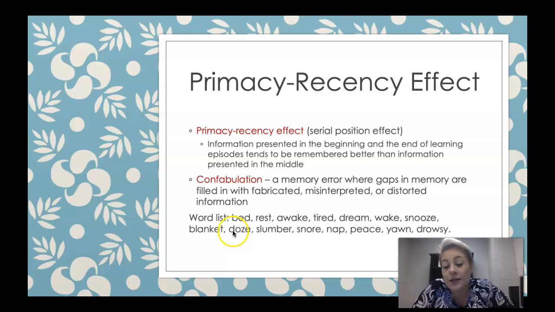But primacy recency effect is just serial position effect, where the learning instance occurs on a list is going to be how salient it is for remembering. For example, I tried to use this example or this theory when applying for this job. I knew that they were going to select a participant on Friday, and I thought, okay, I have to be either the first person or the last person to be interviewed to stand out.